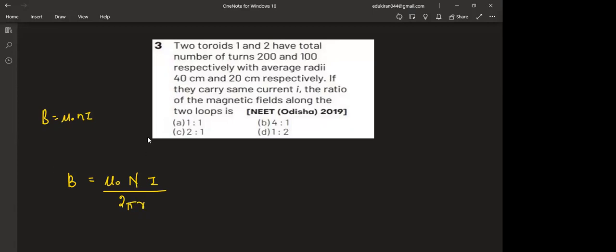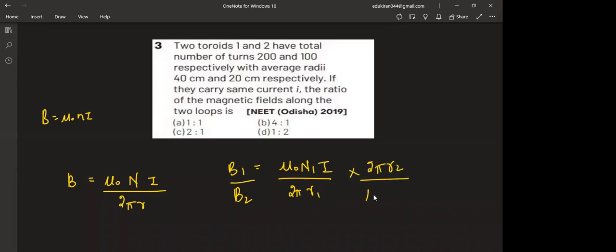So you have all the details about it. You have the number of turns for the wires as well, the radius as well, and the currents as well. So for the first one, this is going to be mu naught N1 I by 2 pi r1. I is the same, radii are different, so r1 and r2. This is going to be divided by mu naught N2 I by 2 pi r2.